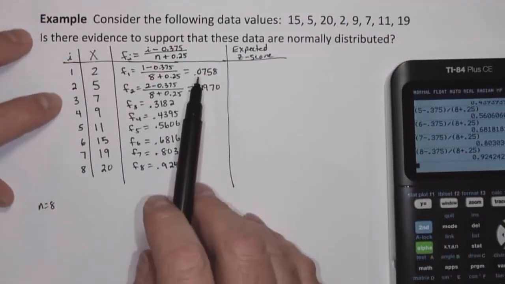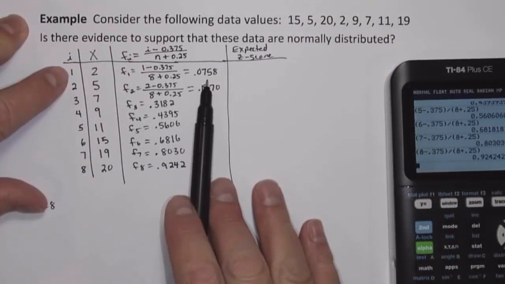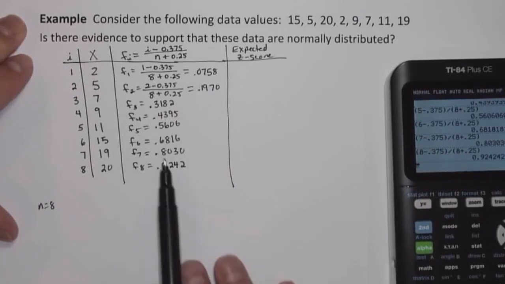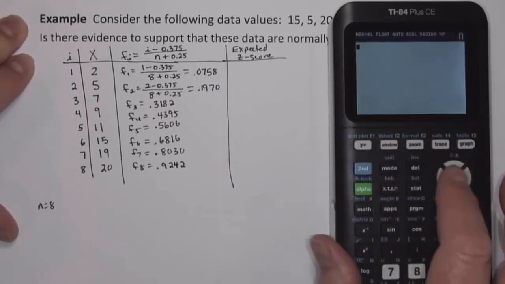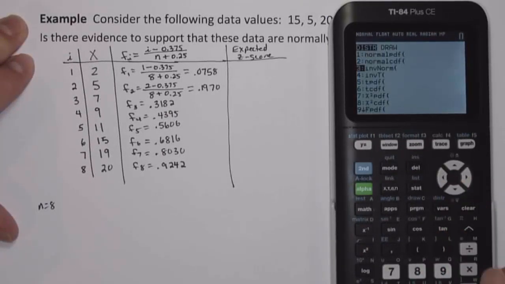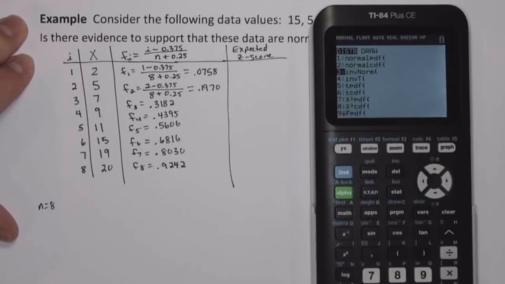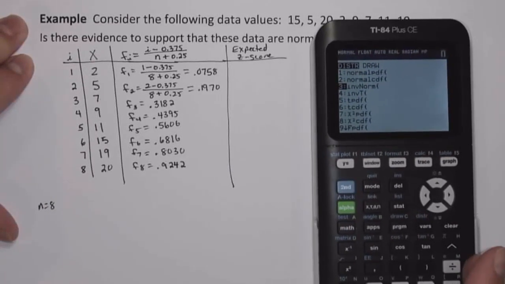So the expected z-score is going to be the z-score that has 0.0758 to the left, 0.1970 to the left, and so on. Okay? So if I do inverse norm, just continuing to use my calculator, I could use the table, I could use StatCrunch to find these as well.